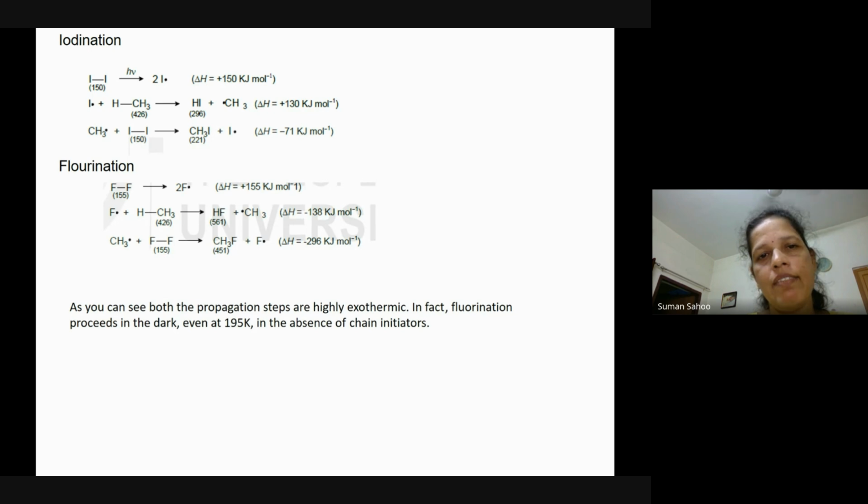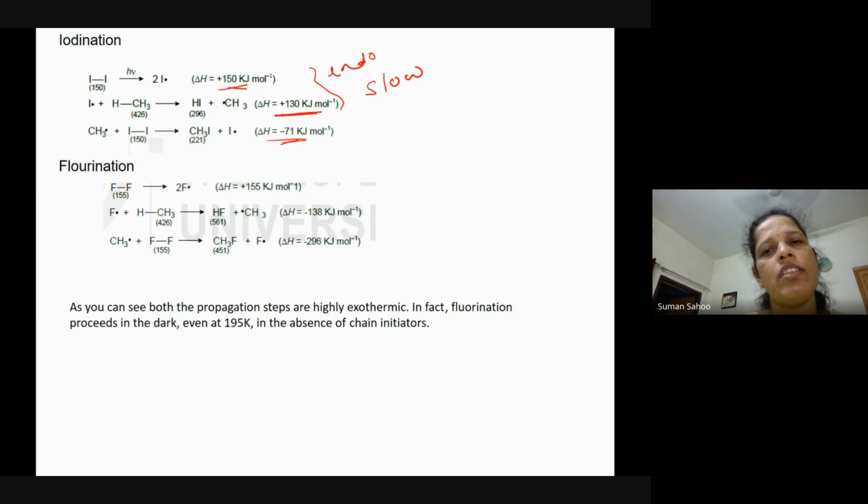But I was saying that chlorination is exothermic, so that was not very selective. Bromination is selective, like you can get your selected product. In case of iodination, this one is very slow. As you can see, it is highly endothermic. It requires more energy. And this step releases energy, but these two steps are endothermic. So this is quite a slow reaction.